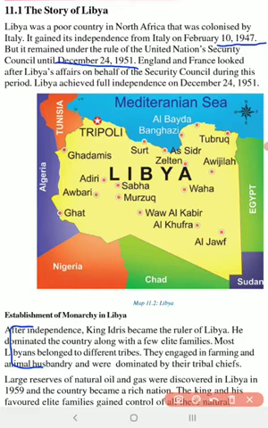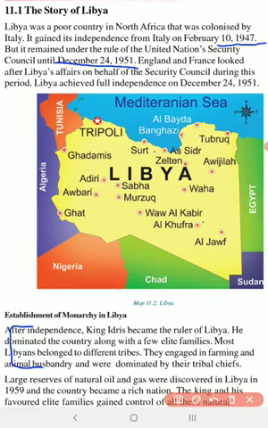Under UNO we have different councils, and one such council is the United Nations Security Council. Under this council, Libya was taken care of till December 24th, 1951, just before the eve of Christmas. Then England and France overlooked the affairs of Libya to make them stand on their own. It's a poor country.